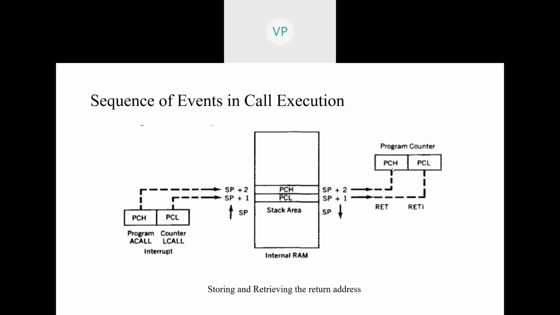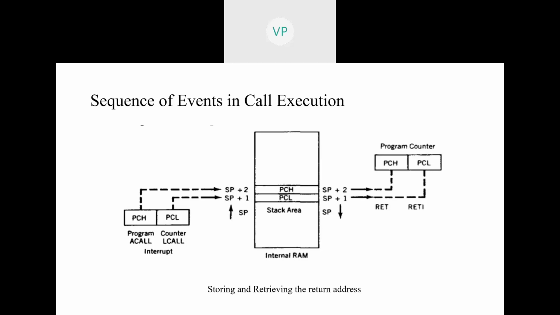After reading that content, it decrements the stack pointer by 1, so that it points to SP plus 1, reads the content of that memory location, and copies it into L, so that the program counter now has the address of the instruction to be executed. That address is retrieved from the stack memory locations.